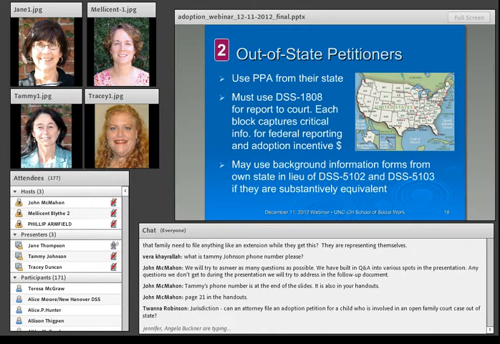I did see a question early on, and I do call myself the DSS 5102 and 5103 Nazi kind of, because I really do feel like clerks and agencies need to push harder and be more insistent about getting this information. If all she knows is that the dad's name was Kool-Aid, is that all, or does she actually know who he was?